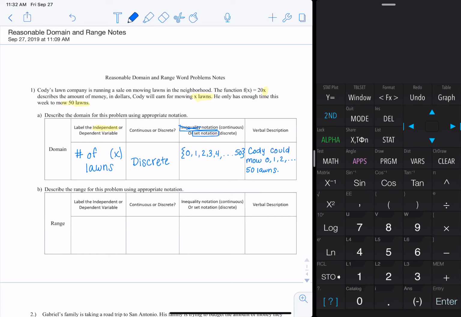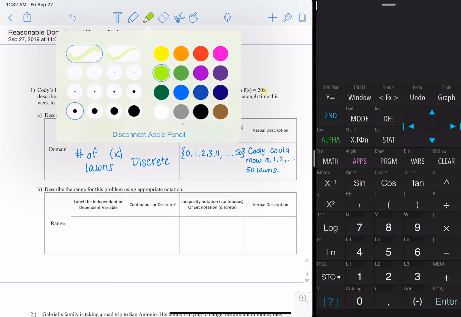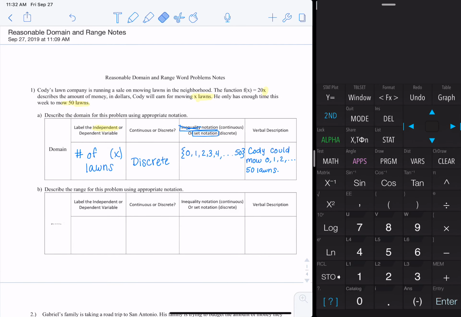Okay, but now we're being asked to find the range. The range for this situation is going to be the y values, and the y values are the dependent variable. Okay, so we need the dependent variable. We know that we're using f of x instead of y, and that function is describing the amount of money in dollars.